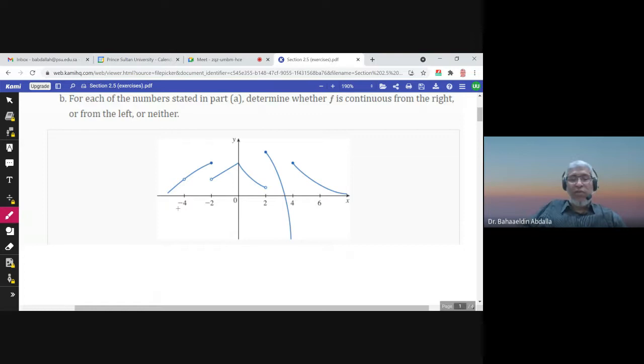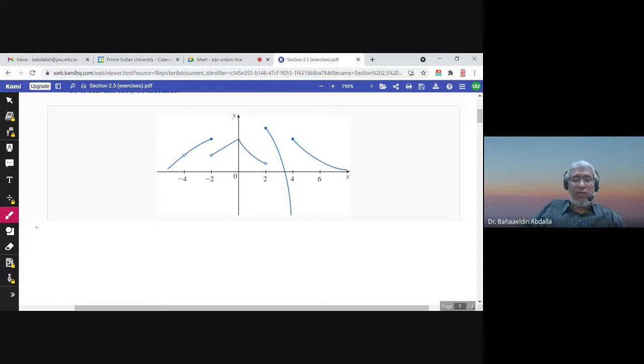So the first number we consider is negative 4, because f of negative 4 is not defined. Hence, f is not continuous at x equals negative 4.